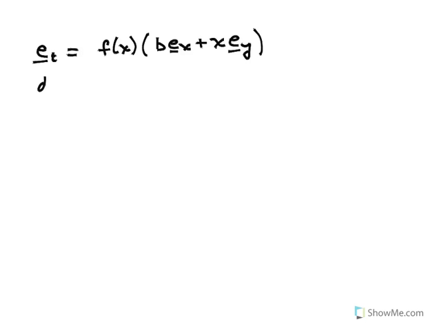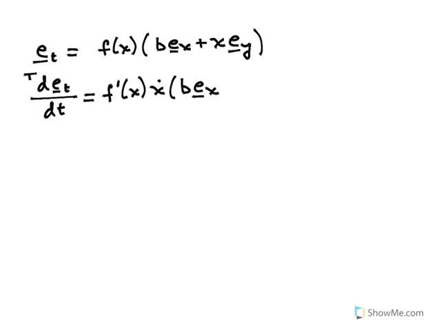Now, if I compute the rate of change of the tangent vector in the track, or as viewed by an observer fixed to the track, what do I get? I get the derivative of the first, which is f prime of x times x dot times (b e_x plus x e_y).